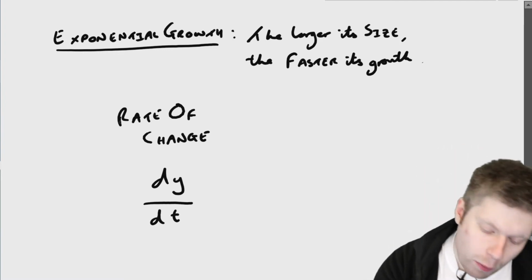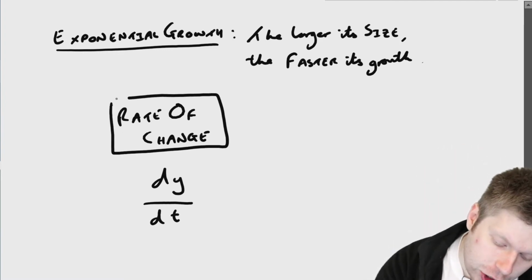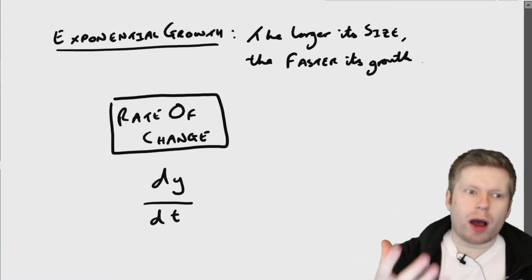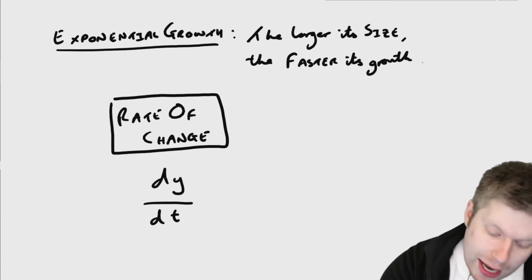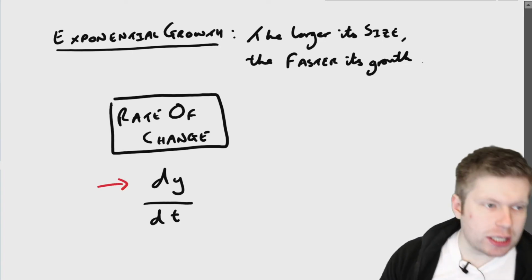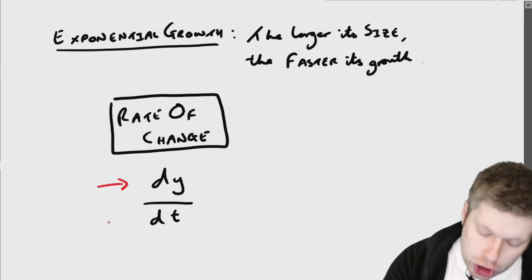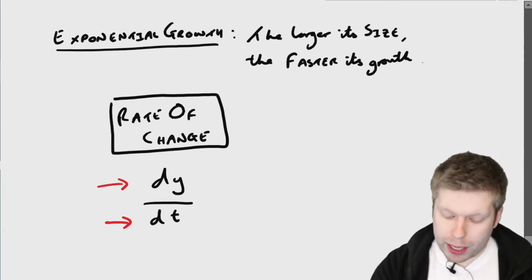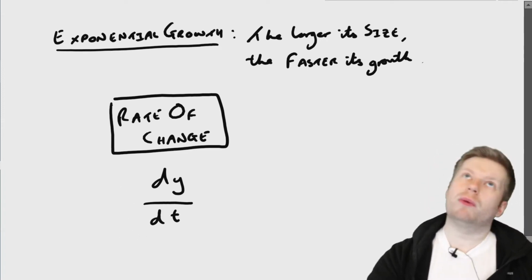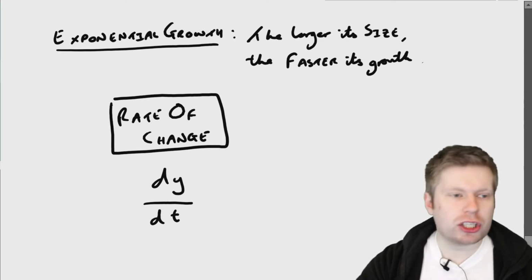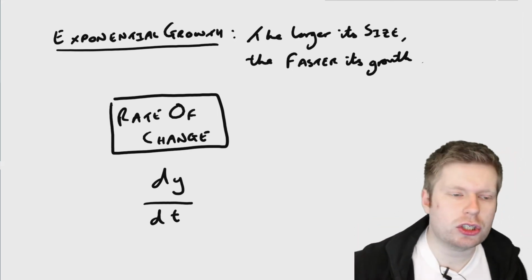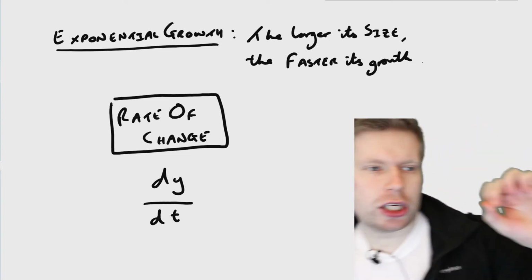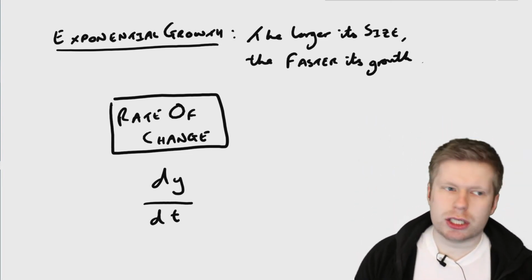Like I say, when we look at differentiation in a little more detail, we will become very familiar with this notation. But for the moment, all I want you to understand is that we're comparing a change in size on the numerator to a change in time on the denominator. So we're looking at the ratio of how our size is changing in relation to time.